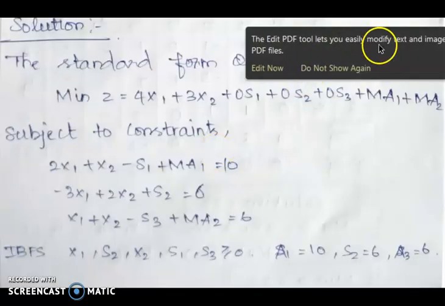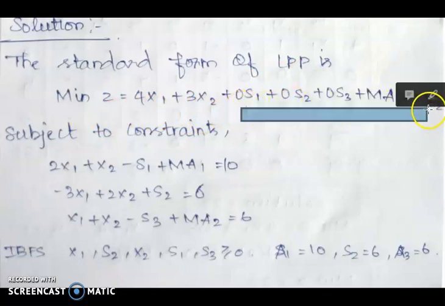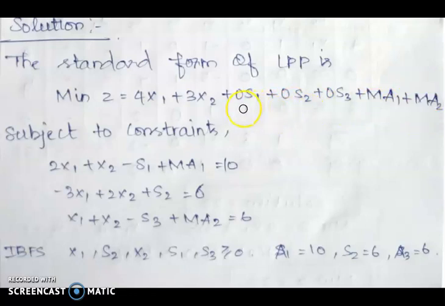So the first step, we have to convert the given problem into the standard form of LPP: minimization z equal to 4x1 plus 3x2. This is the objective function.